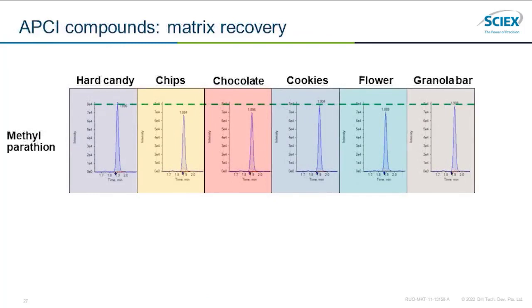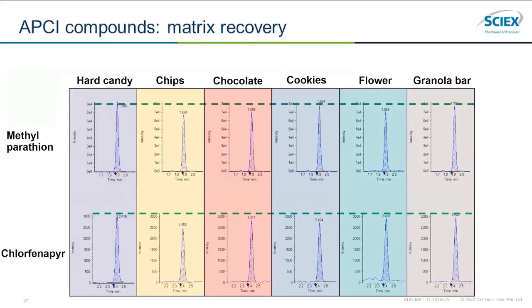Last but not least, we have our APCI compounds. So for methylparathion, this is great news. We're not seeing that some of these more challenging compounds are having lower recoveries. Everything is well within line of what we'd expect. And if we look at chlorfenapyr, we get the same sort of result. So that's great.